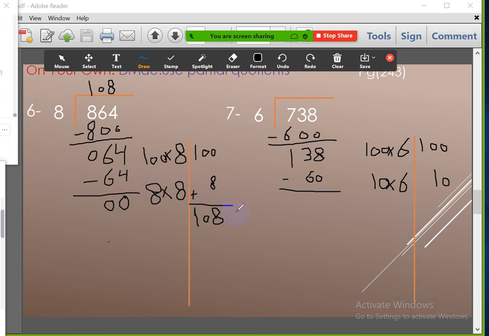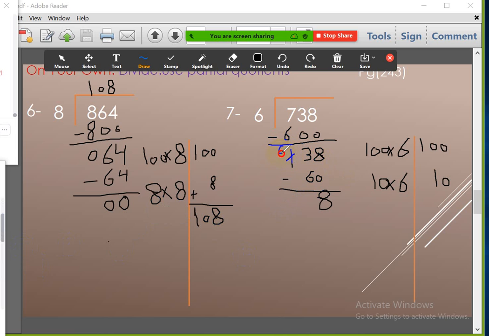8 minus 0 equals 8. 3 minus 6. Can I take 6 from 3? No, I have to borrow from the 1.